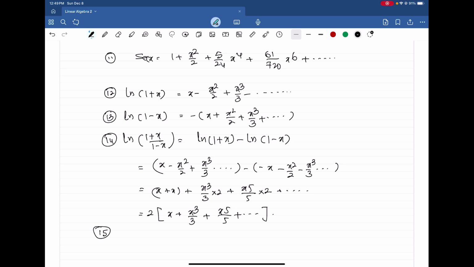Now, for general series, can you find out some values? Can you find out ln 2? ln(1+x) is equal to x minus x squared by 2 plus x cubed by 3 and so on. ln 2 is equal to ln(1+1), where x is equal to 1.